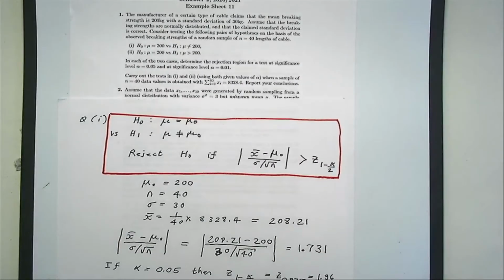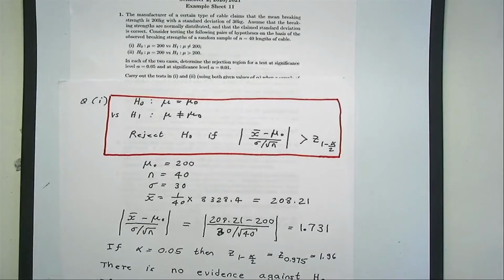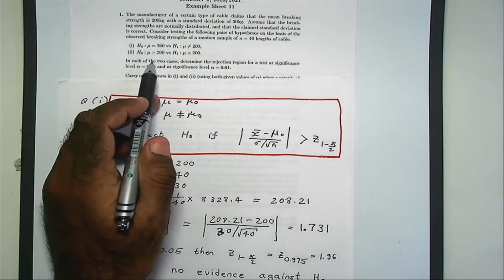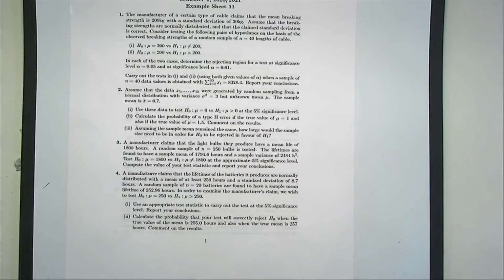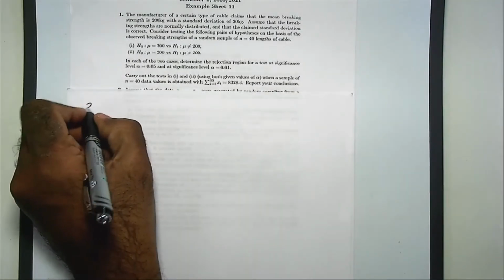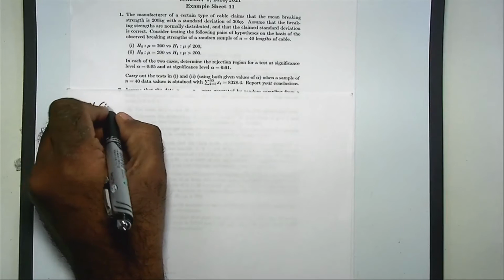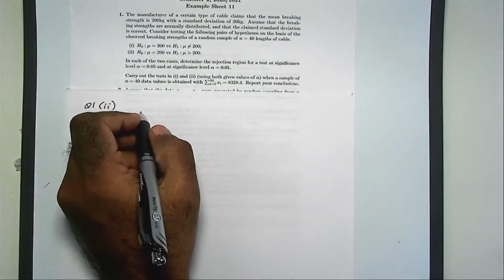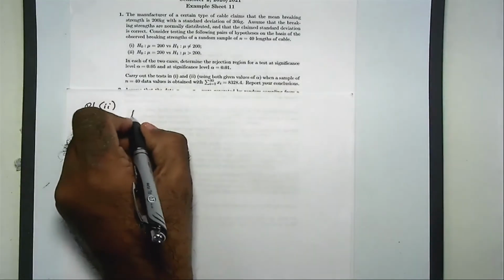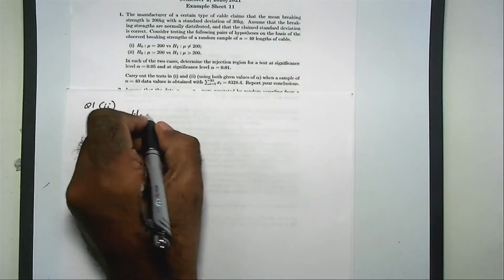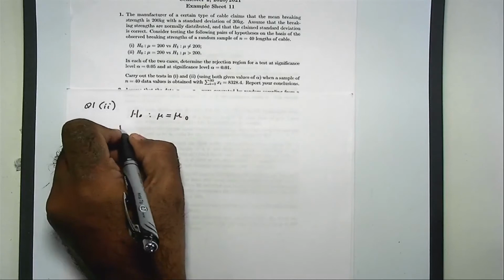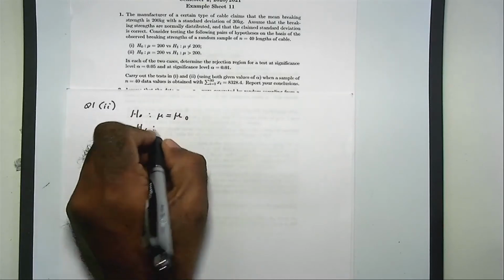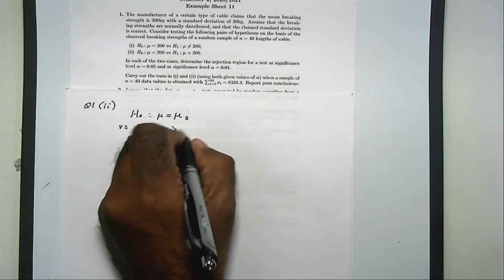The second part is to test this hypothesis versus this hypothesis. Alright, so let's see how we can do that. So this is question 1, part 2. We are trying to test mu equal to mu 0 versus the alternative that mu is greater than mu 0.